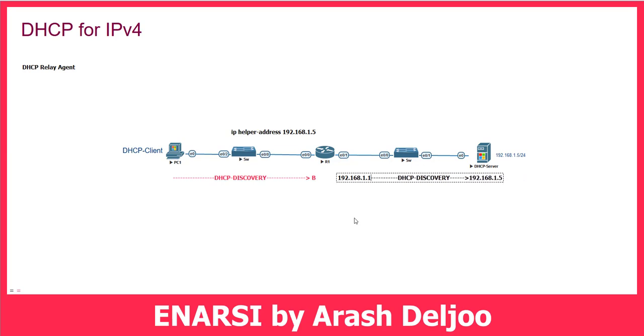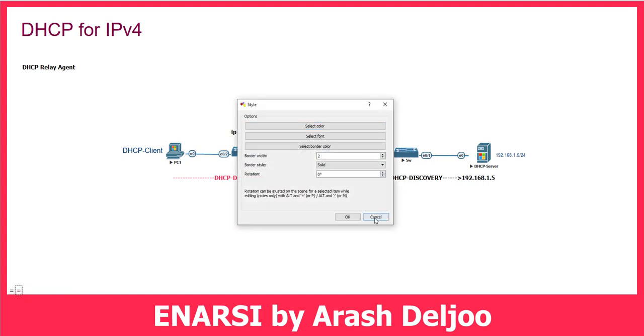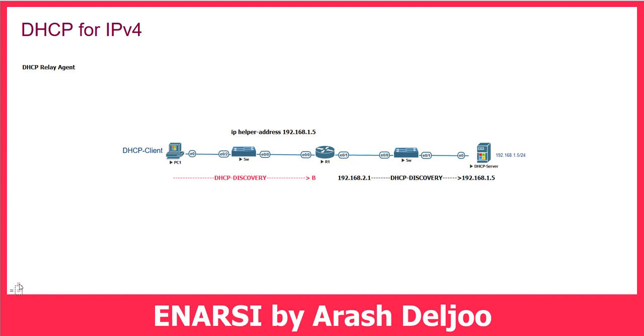Here you know that for this computer, if the IP of the DHCP server is 192.168.1.5, here we have another range, for example 2.1, because you know that a router works between two network ranges. Because of that, we can say here we are using 192.168.20.0/24, and the IP address of the router is 2.1.